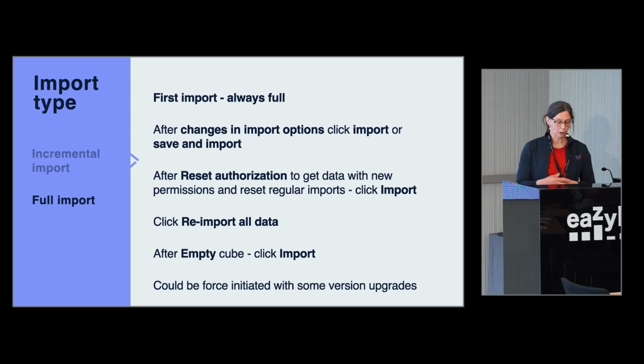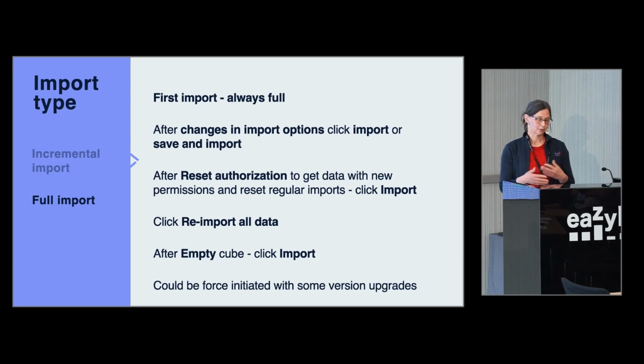The first import is always a full import, and it will always take time. There are other cases when it will automatically run a full import. If you change import options by adding some selections and then click import or save and import, it will automatically run a full reimport, so no need to run it once again after that.